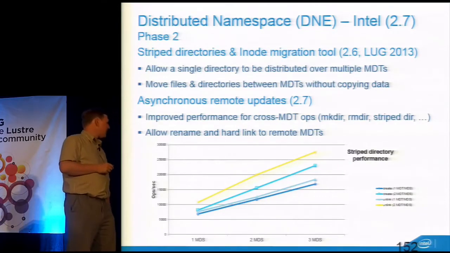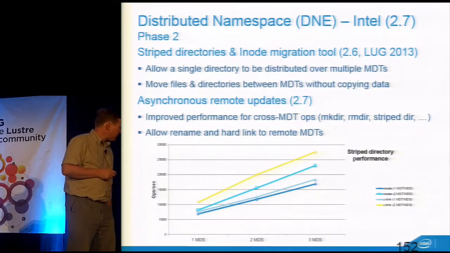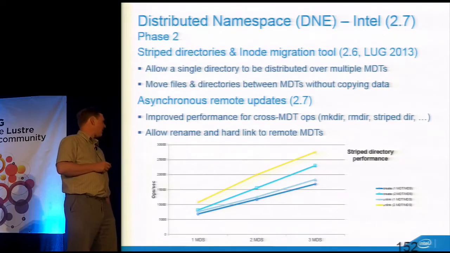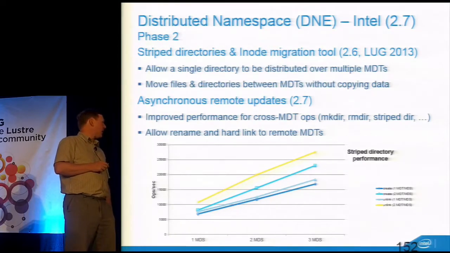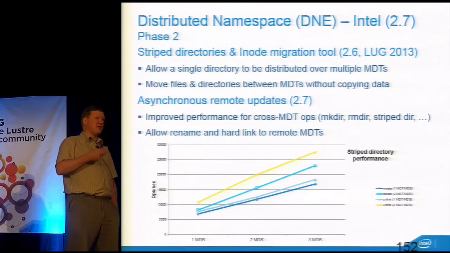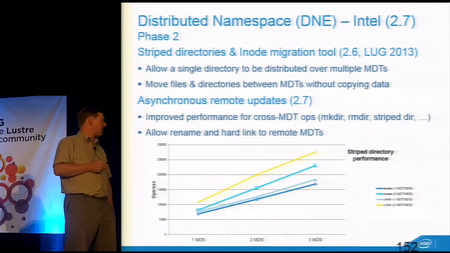On the OpenSFS test cluster, it went from 1 MDS and 1 MDT at about, say, 7,000 creates per second up to about 27,000 creates per second with 2 MDTs on each of 3 MDSs. So it's pretty good scalability.